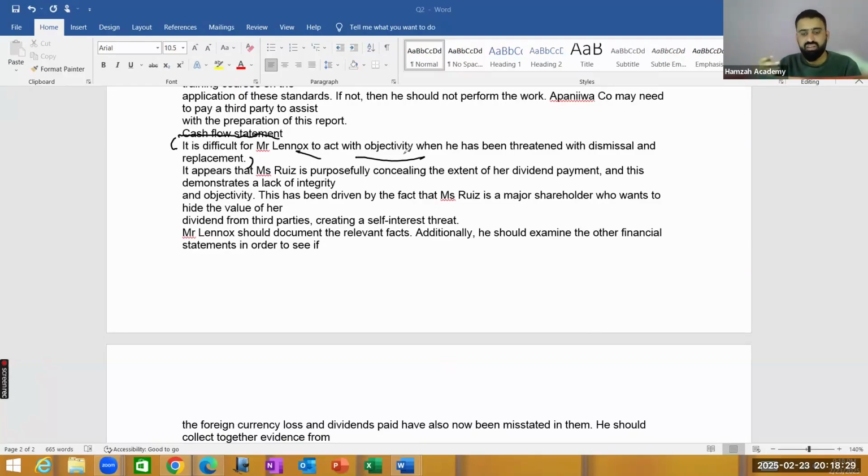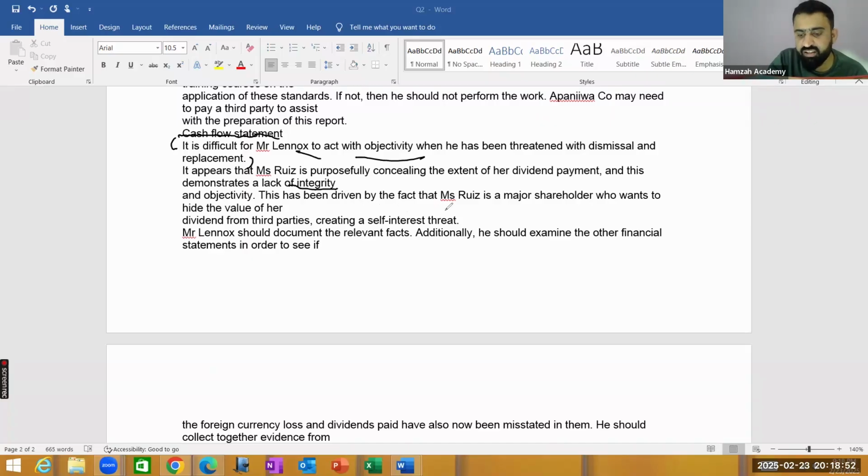The reason is he is threatened that he will be dismissed from the job. Now, it is an ethical issue for the accountant. It appeared that Ms. Ruiz is purposefully concealing the extent of the dividend payment, and this demonstrates a lack of integrity on her part and objectivity.